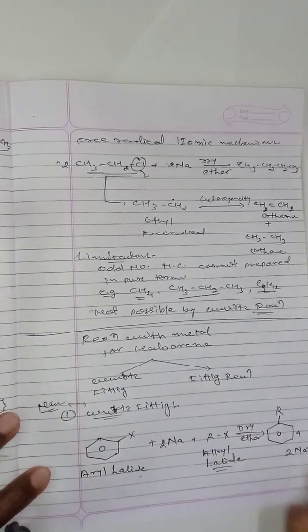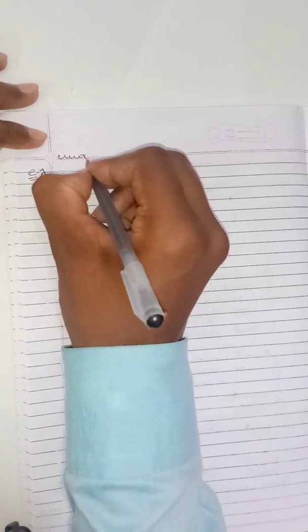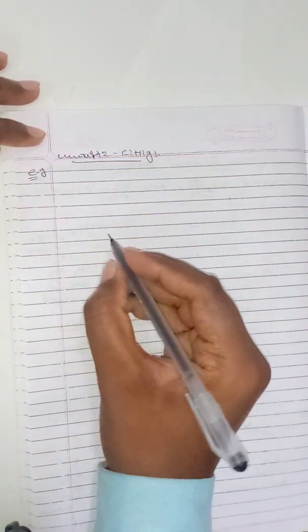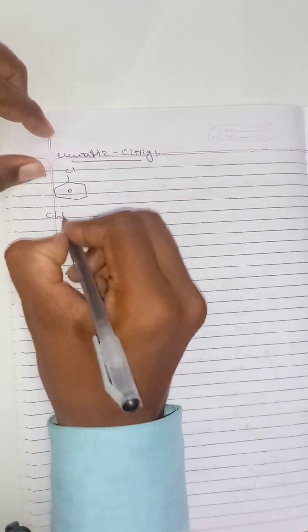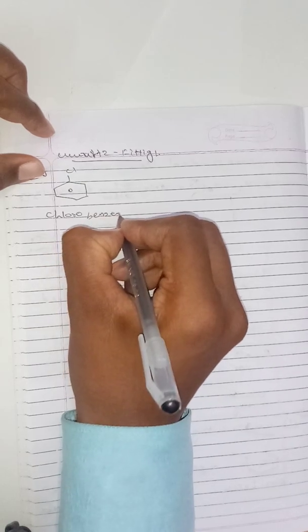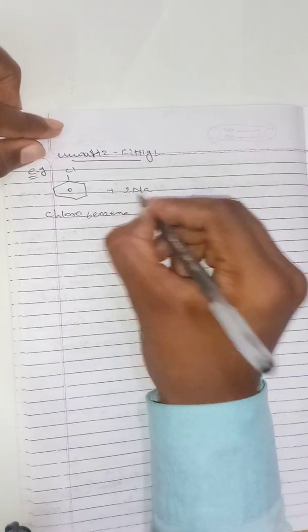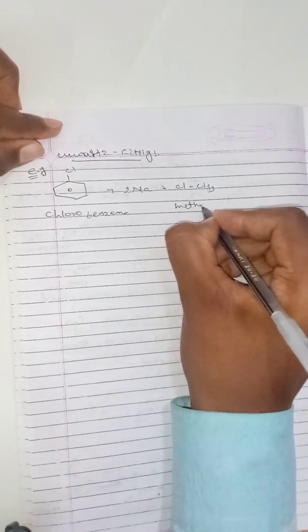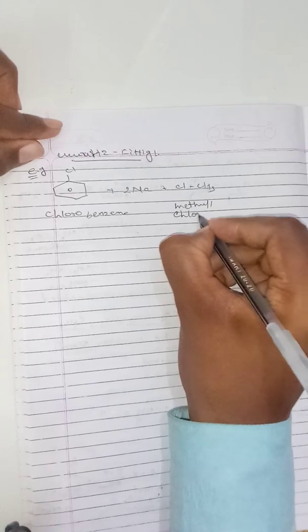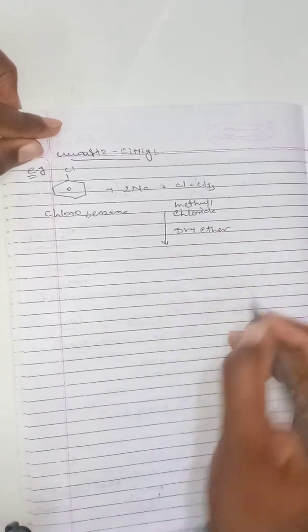Two moles of, for example, Wurtz-Fittig is aryl halide, chlorobenzene, reacting with sodium metal and methyl chloride in the presence of dry ether.